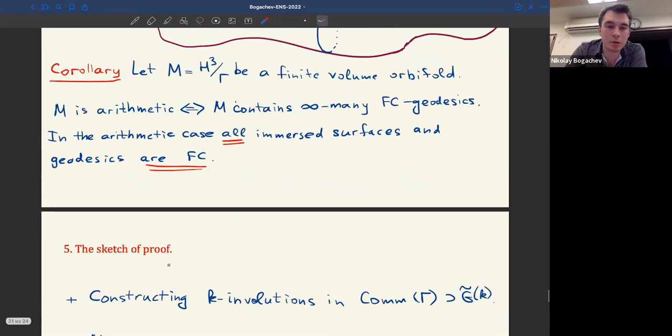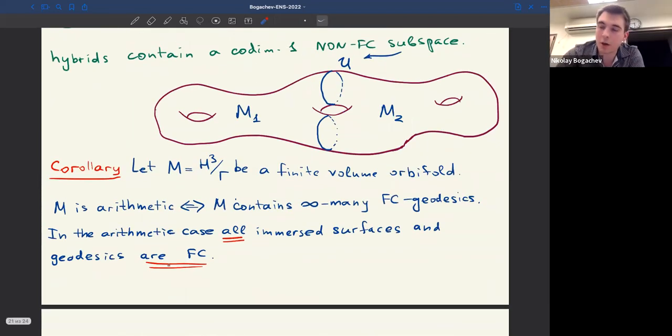Now I should say a few words about the state of the art and what was proved before. The question of detecting arithmeticity through geometric properties of hyperbolic manifolds seemed to be a very hard problem. It remained open for several decades, but recently several revolutionary solutions were suggested. In dimension 3, it was proved by Margulis and Mohammadi about 3 years ago.